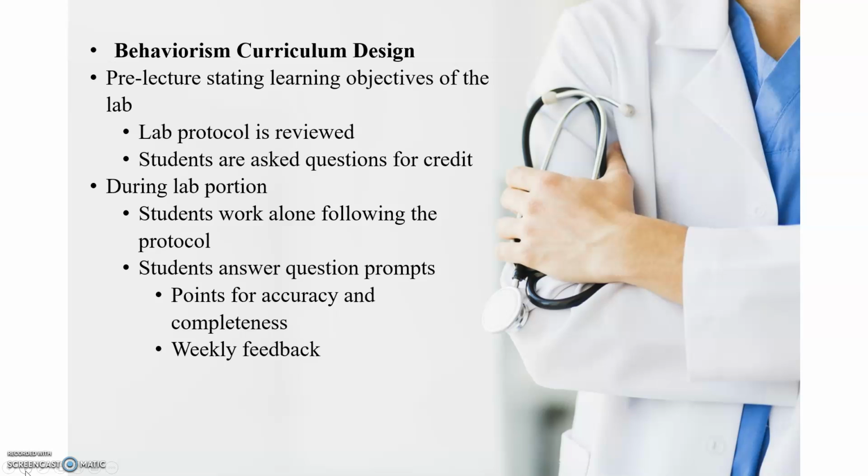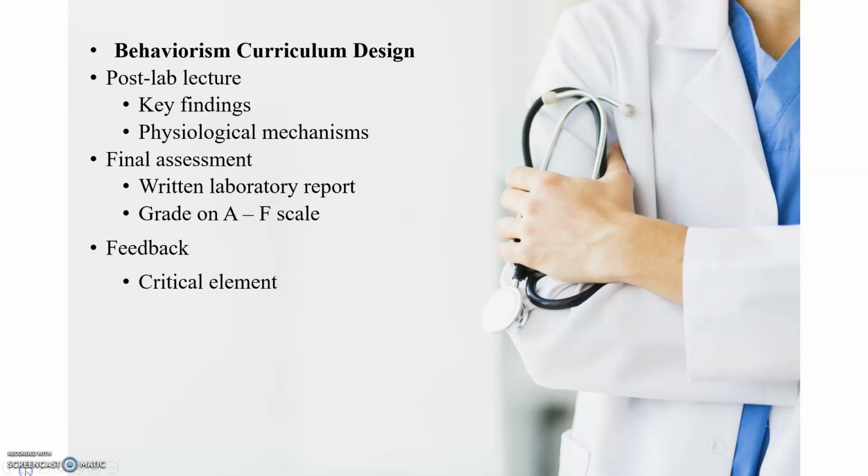During the lecture, students are asked questions for credit as a means of feedback. During the lab portion, students work alone, following the protocol to display individual behavior. They also answer question prompts with points for accuracy and completeness, another example of feedback.